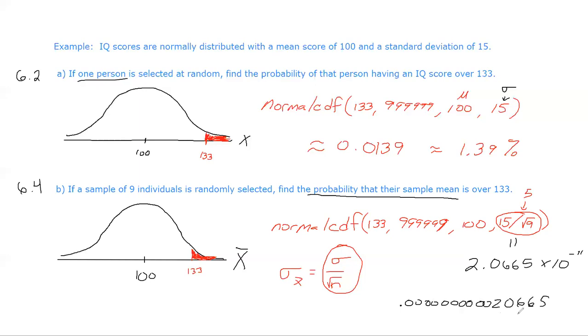Look how small this number is. It's practically 0. So here we had about a 1.4% chance of one person hitting this target, but practically 0% chance that a group of 9 people will have their average hit that same target.